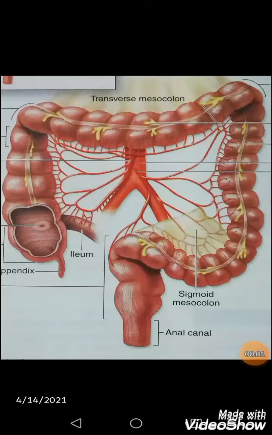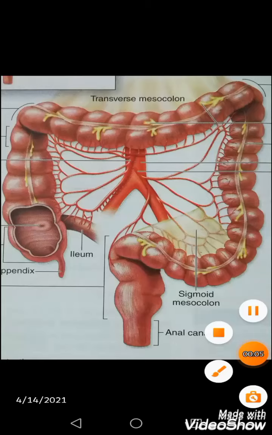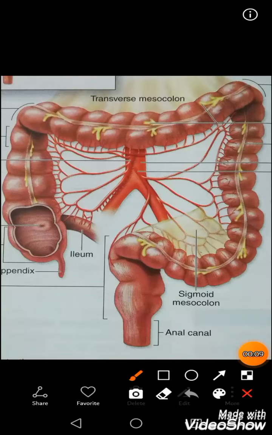Today we are going to discuss the vermiform appendix, and we will study it under the heading of large intestine, along with it. You find it on the right side of the body in the right iliac fossa. It is supposed to absorb water and electrolytes along with the large intestine and forms this whole apparatus.